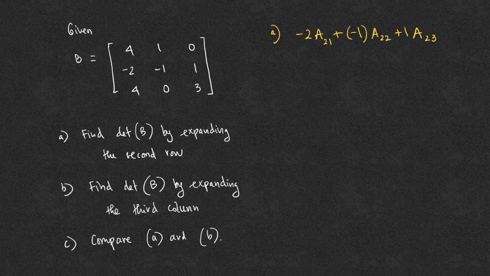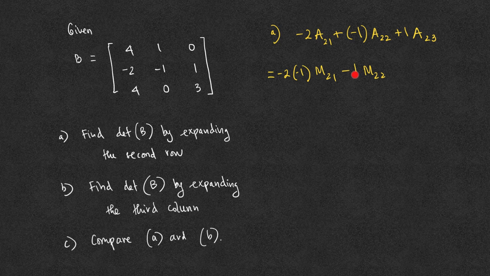The cofactor A21 has a negative sign, so this is -2 times -1 times the minor 21. The cofactor A22 is positive, so the second term is -1 times the minor 22.